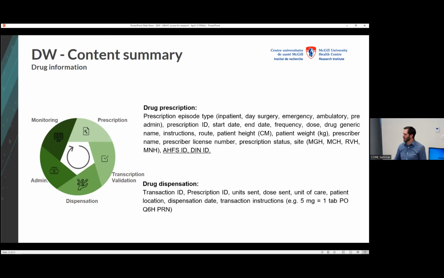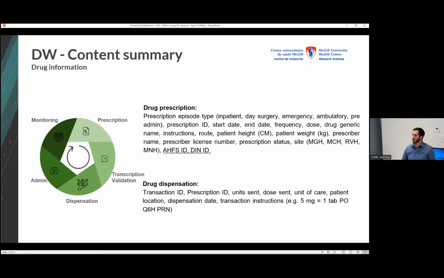I think this is free text, but all the rest are structured variables. You're not expecting those to be too different between these two? No. But sometimes in the dispensation they can split it in a different way, for the same drug.